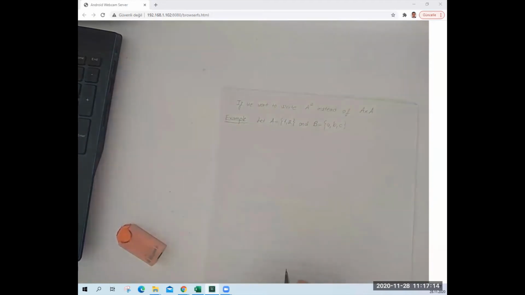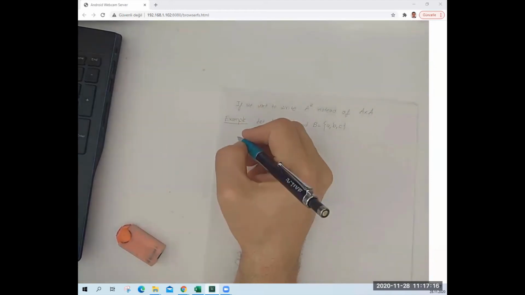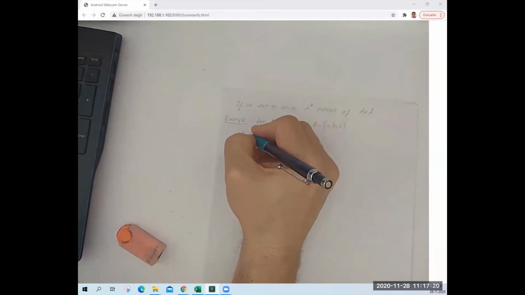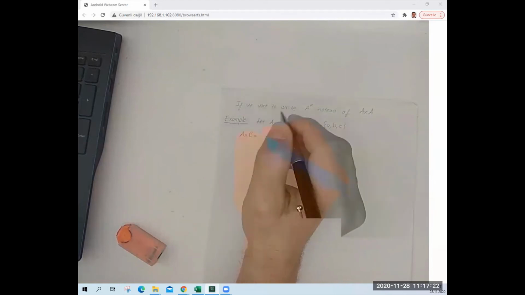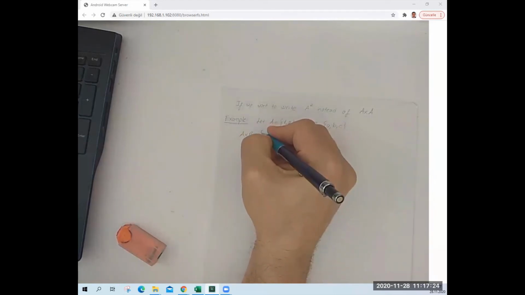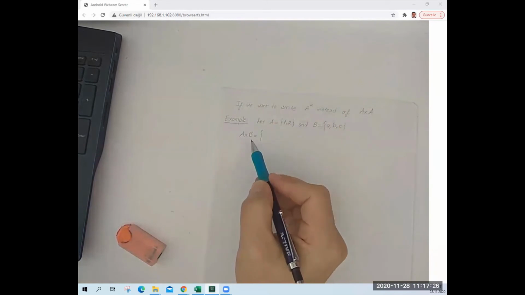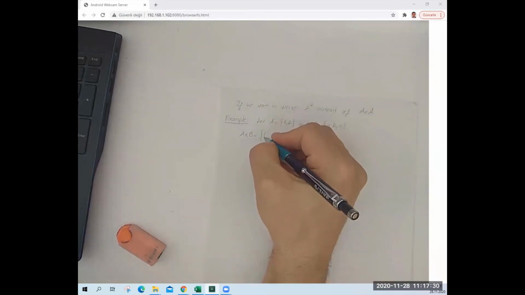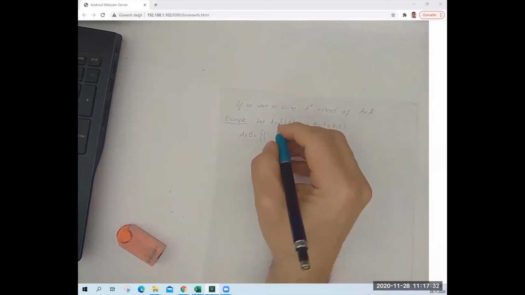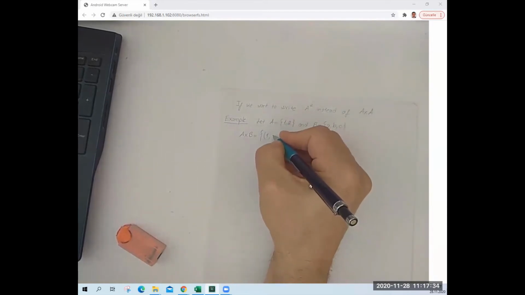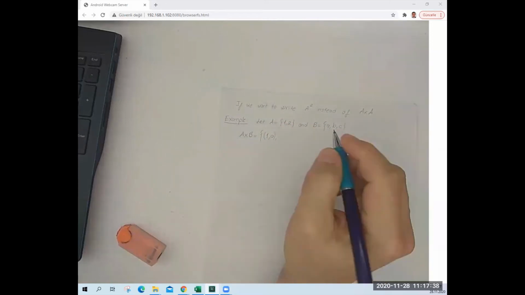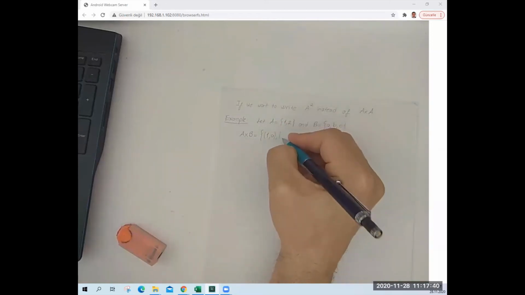So A cross B: we have relation A to B. We need some pairs, like 1 to a. We have 1 to a. This is a member of A cross B. And let's say 1 to b.